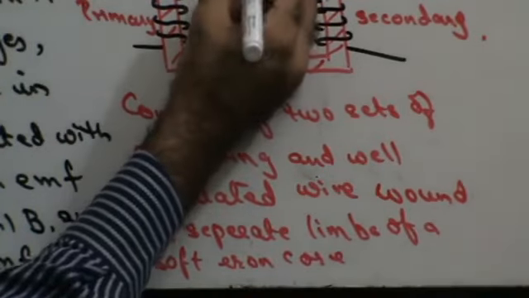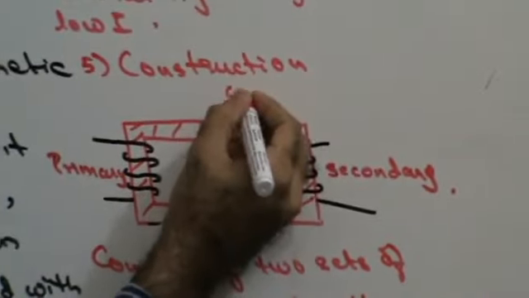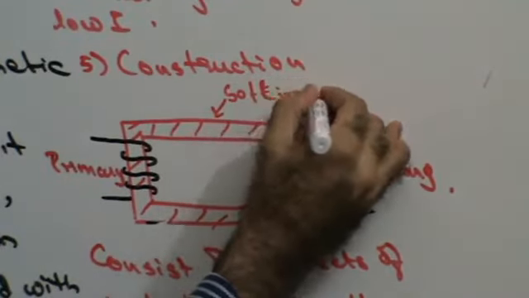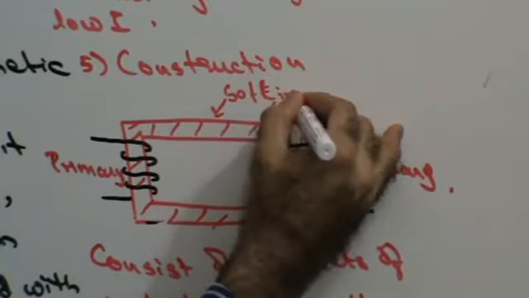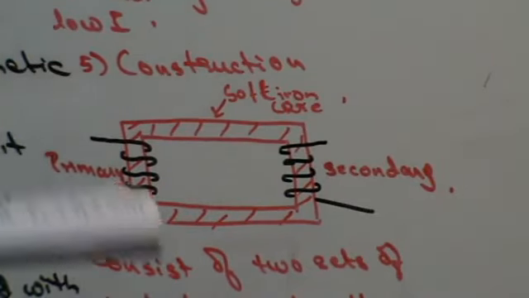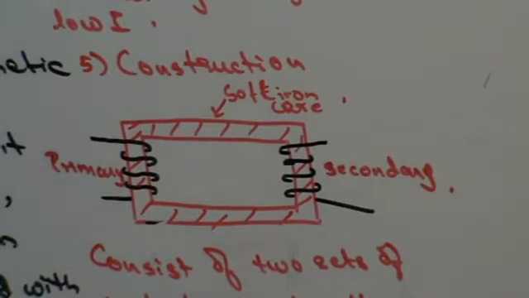This is your soft iron core. These are the two limbs on which they are wound, one on one and the other on the other. One of the coils is called primary and the other is called secondary.